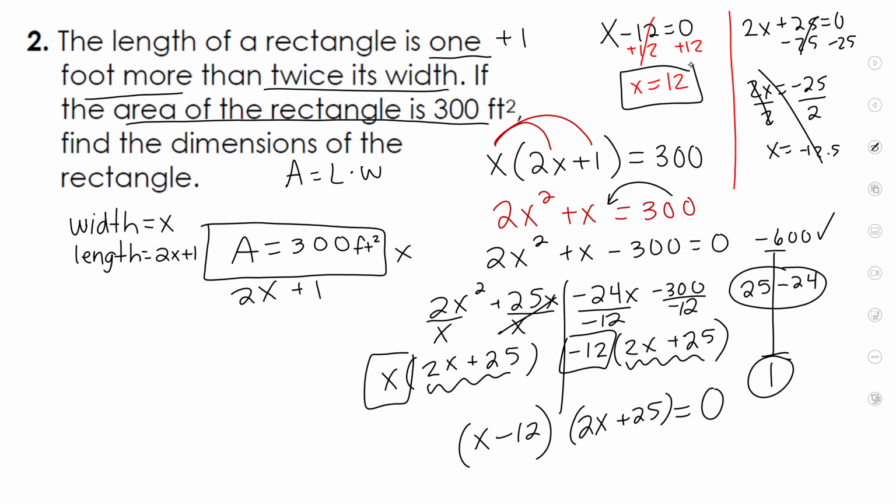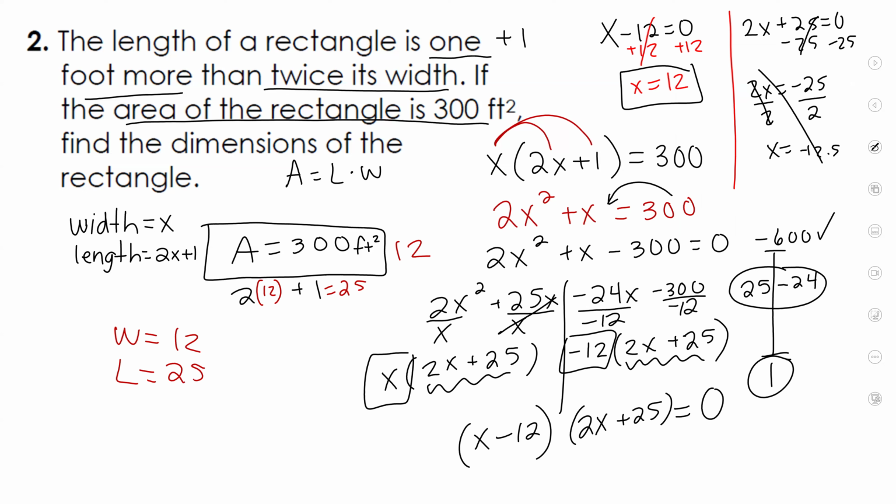So that means I found the width. So I'm going to replace this x on my box with a 12, because we just said x is 12, and replace this x with the 12. So guys, what's the length of my box? Yep. So that means my width is 12, my length is 25.